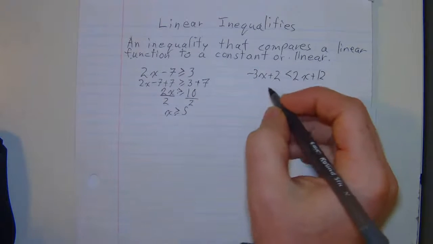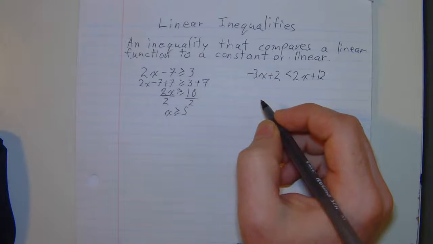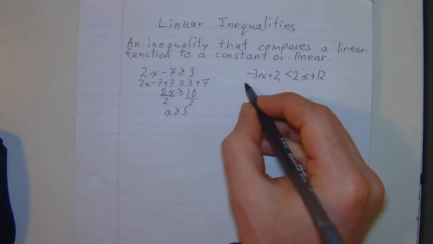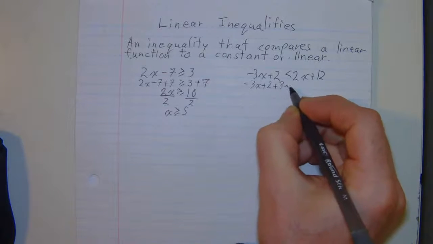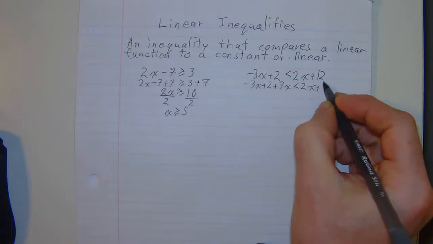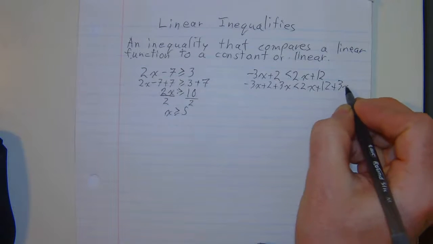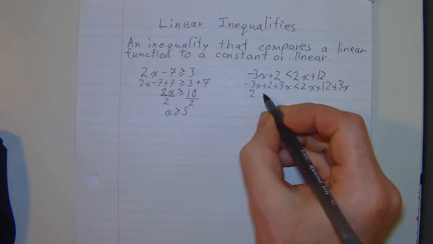For this one here, we have negative 3x plus 2 less than or equal to 2x plus 12. So if we add 3x on both sides, and then we subtract 12.